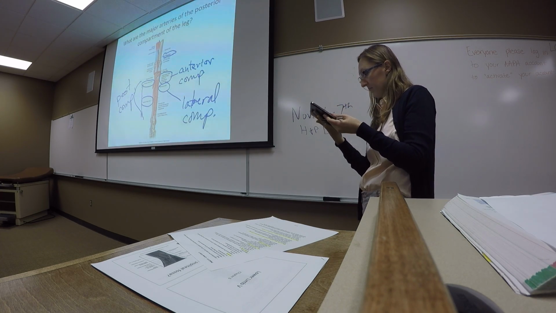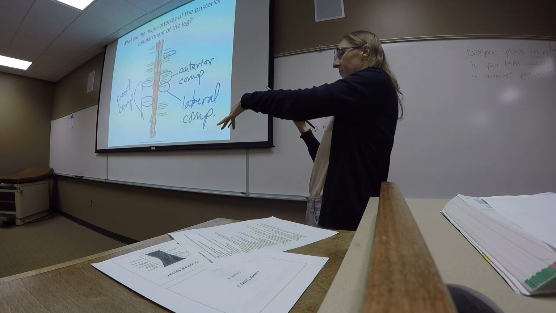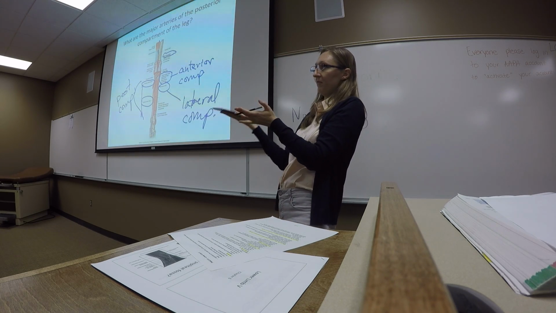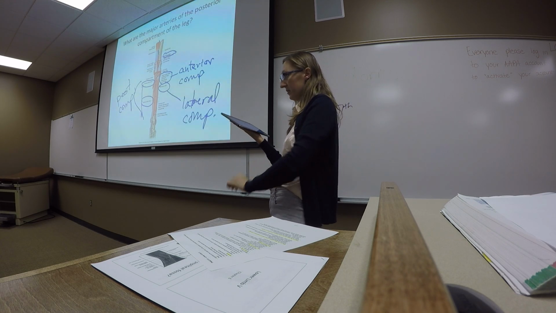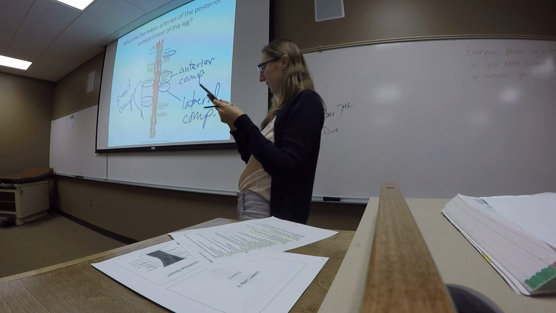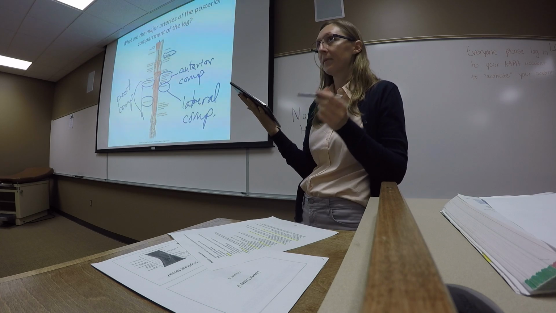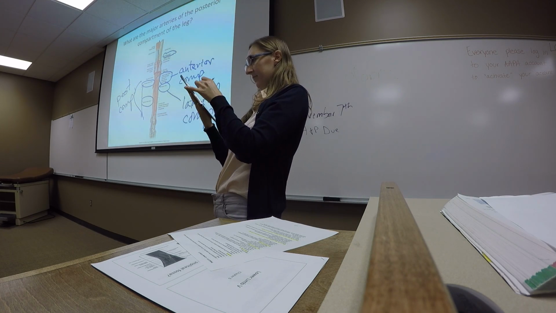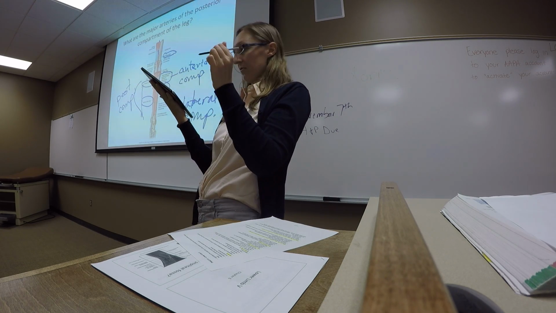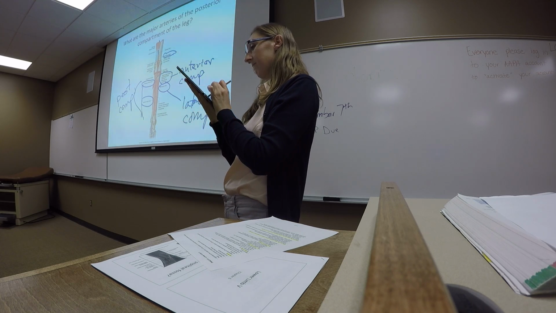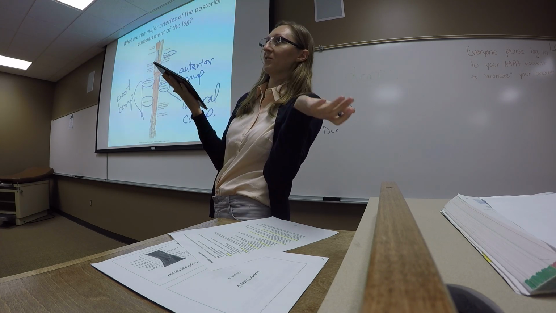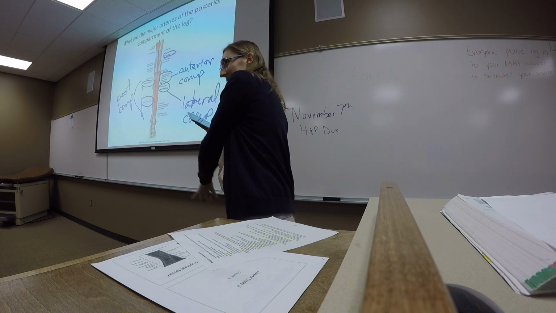Once the anterior tibial artery branches off, the rest becomes the posterior tibial artery. So the popliteal artery branches into the posterior and the anterior tibial arteries, and then the fibular artery branches off the posterior tibial artery.